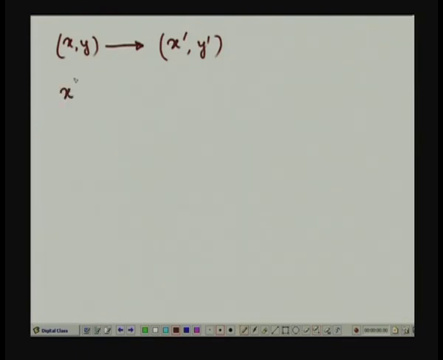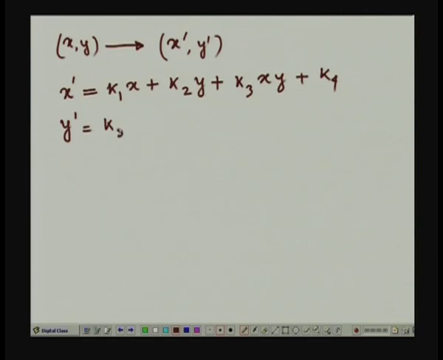So, I write it in this form: x prime is equal to some constant k 1 times x plus a constant k 2 times y plus a constant k 3 times x y plus a constant k 4. Similarly, y prime can be written as some constant k 5 times x plus k 6 times y plus k 7 times x y plus, say, k 8.